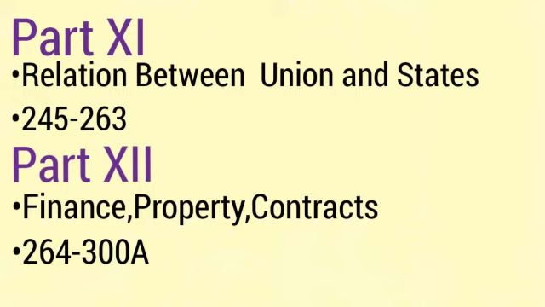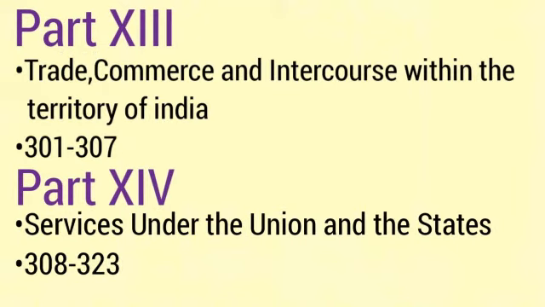Part 12 is Finance, Property and Contracts, which consists of finance, borrowing, property, contracts, rights, liabilities, obligations, suits and right to property, articles 264 to 300A. Part 13 is trade, commerce and intercourse within the territory of India, articles 301 to 307.